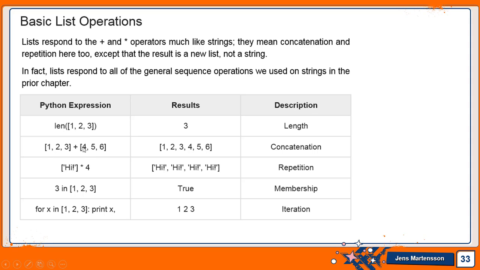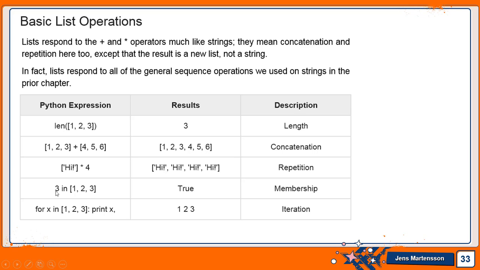This list plus this list will give you the result 1, 2, 3, 4, 5, 6. You can multiply the content of the list by any number. If you multiply 'Hi' by 4, it will give you 4 'Hi'. This is repetition.